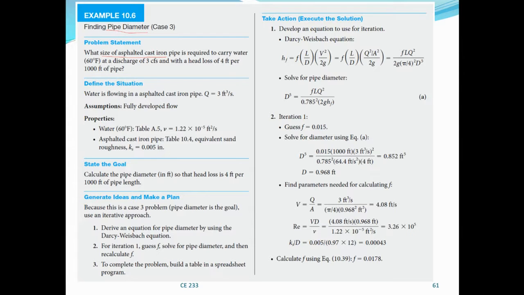Size means diameter. We have the kinematic viscosity at this temperature and the equivalent roughness for this asphalted cast iron pipe, and we have to calculate the pipe diameter. The head loss is 4 feet per 1,000 feet of pipe length.